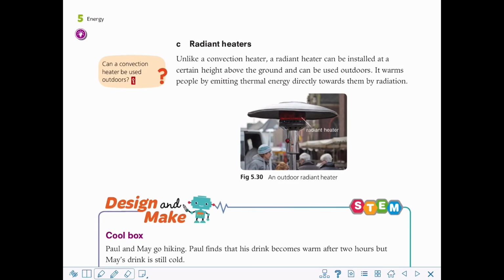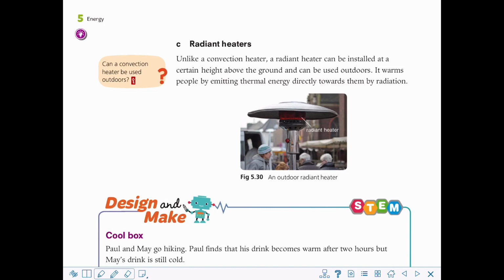Radiant heaters. Unlike a convection heater, a radiant heater can be installed at a certain height above the ground and can be used outdoors. It warms people by giving out thermal energy directly towards them by radiation.